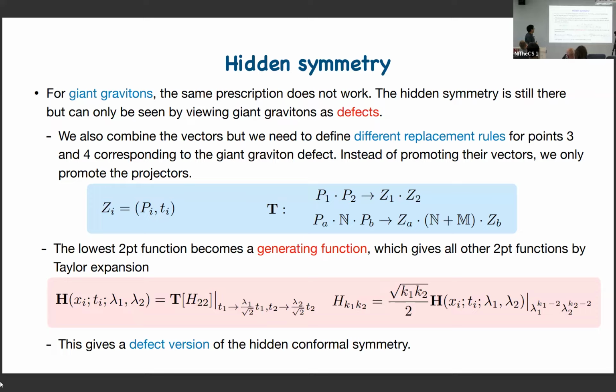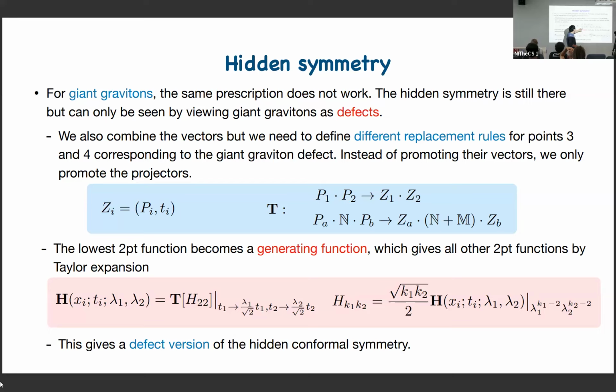Instead of using the same replacement rule, where you replace pi.pj by zi.zj, you need a different set of rules for points 3 and 4, which correspond to the giant graviton defects. The correct thing to do is not to promote these vectors z3 and z4 individually, but to only promote the projectors formed by them. For 1 and 2, you do the same thing. But in addition to p1.p2, there are also structures which you can write down.